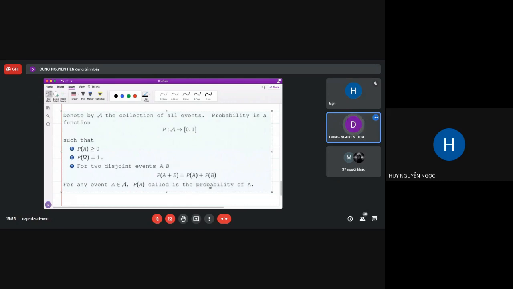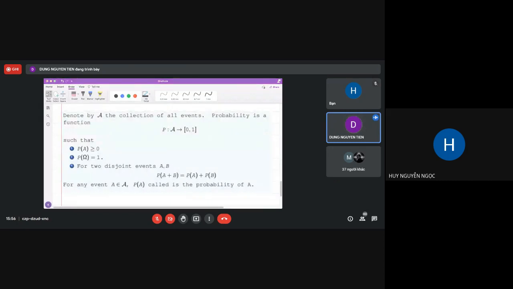For example, suppose that A is the event that you pass this course, and B is the event that you fail the course. Then the probability that you pass or fail the course is equal to the probability that you pass plus the probability that you fail. Do you understand? Okay.